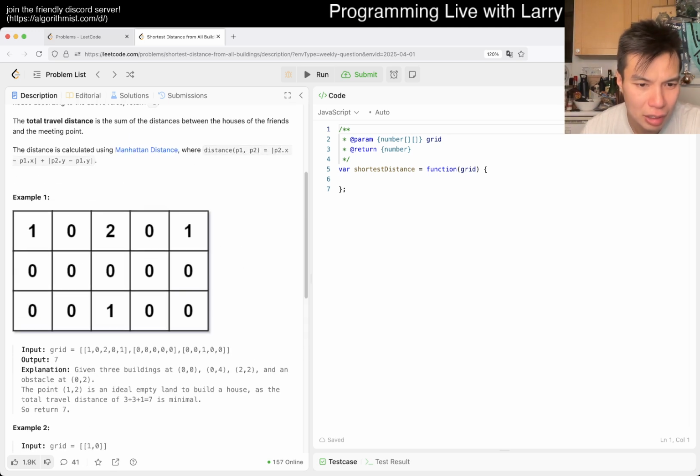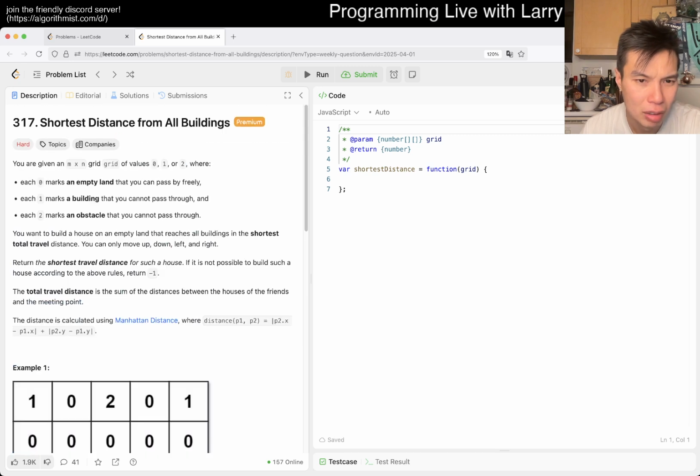Given 3 buildings, you could put an obstacle on 0, 2. So that's not really useful because it doesn't tell me anything. If it's the travel distance, it's the travel distance. If it's a Manhattan distance, it's a Manhattan distance. They're two different things.